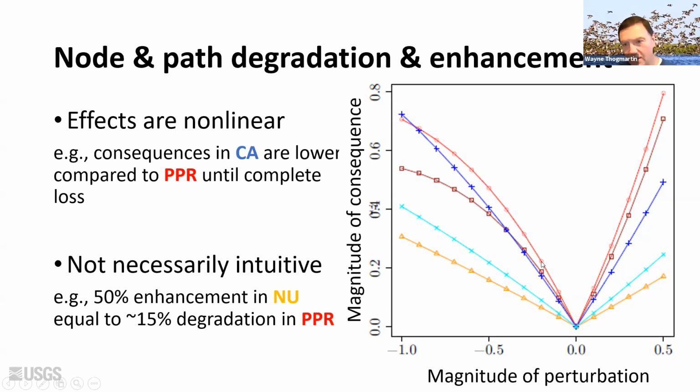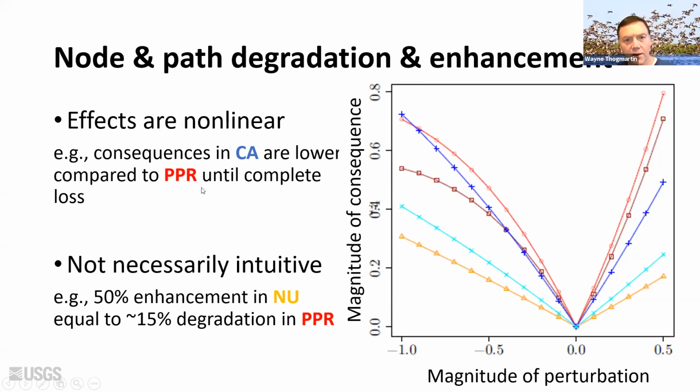You can see that the relationships are not necessarily linear: as the magnitude of the perturbation increases, the consequences to the network are not necessarily linearly related. You have to keep in mind how much change has occurred, because that changes the network arrangement and network operation.